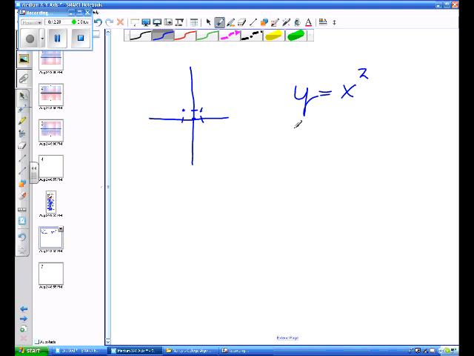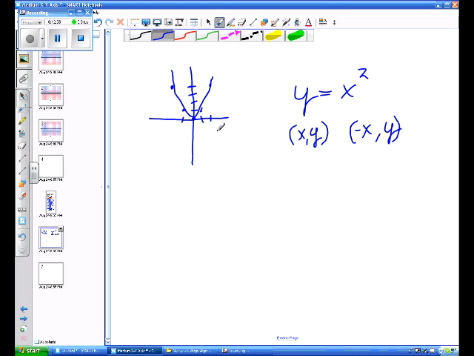Because what it means is, if you've got a point x, y, then you will also have the point the opposite of x, but you'll have that same y. And so at 2, we have 4. So the opposite of that, at negative 2, we would have 4. And we would have our parabola. And that's symmetrical about the y-axis.